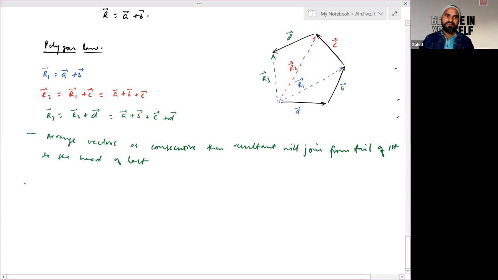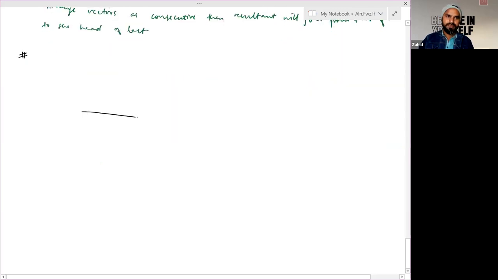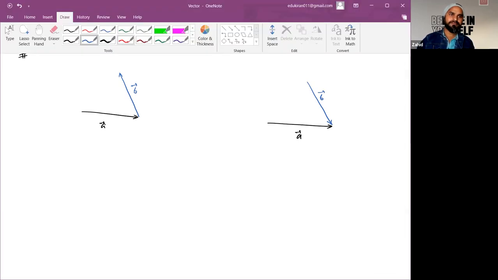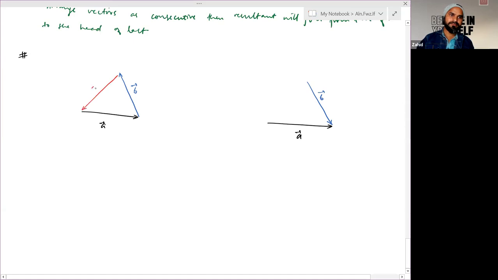Now using the above concepts, I'm giving you two different examples. First, if this is vector A, this is first and this is second.